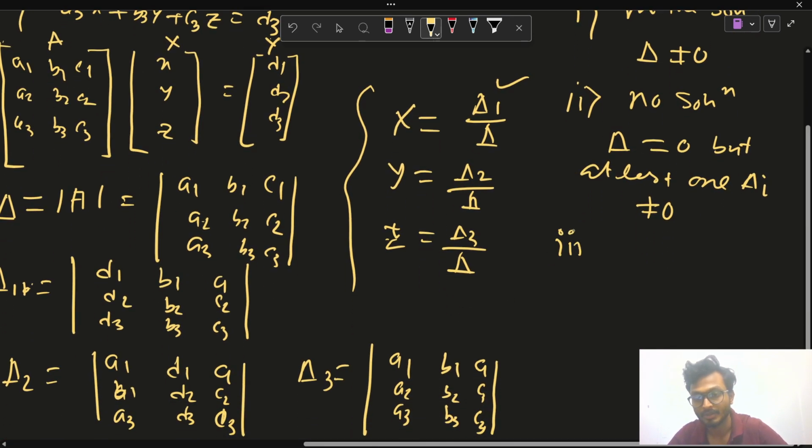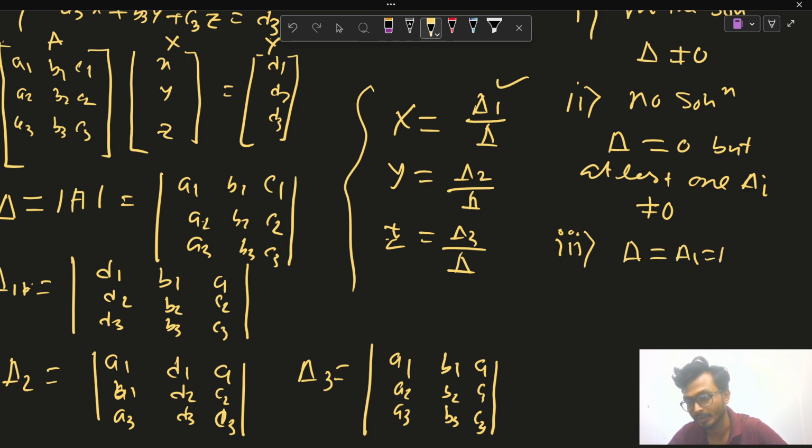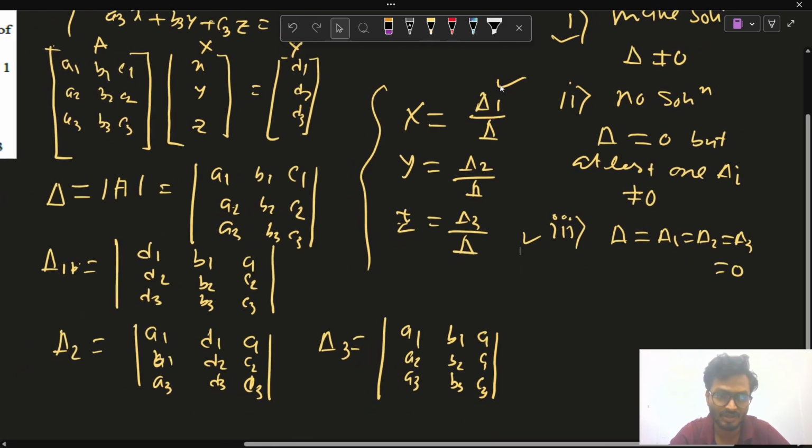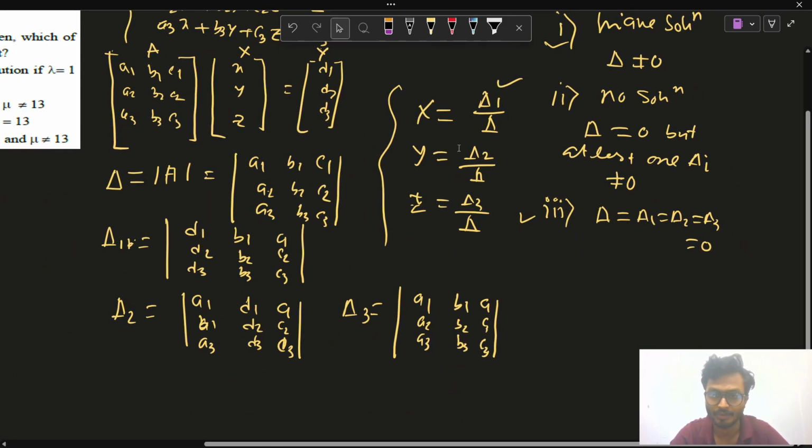And for the third case, infinite solutions, if we get delta equals delta 1 equals delta 2 equals delta 3 equals 0, then there are infinite solutions. For the first case and third case, we call the system consistent, and for the second case we say that this is an inconsistent system. So this is the basic of Cramer's rule.